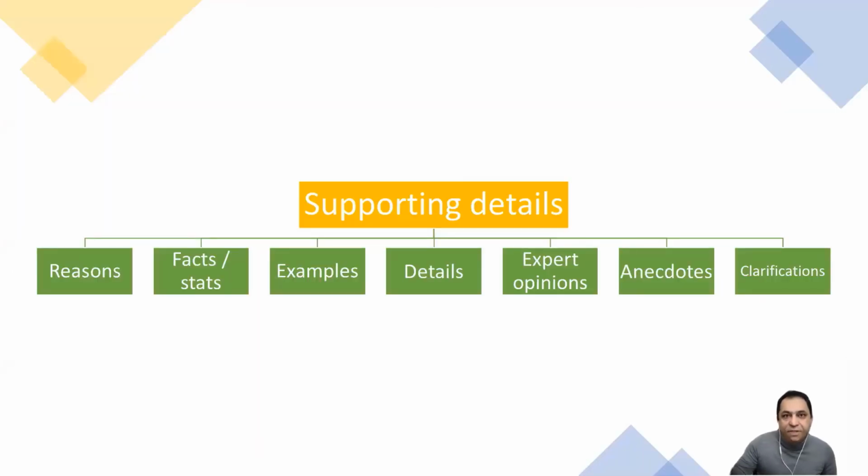And remember, all of those reasons, facts, examples, details, expert opinions, if you have any stories and any clarification that you include in a paragraph, should support the topic sentence. There shouldn't be even one sentence that you can take out of the paragraph. If there is a sentence that you can take out of the paragraph and it improves the paragraph, then that sentence is irrelevant.